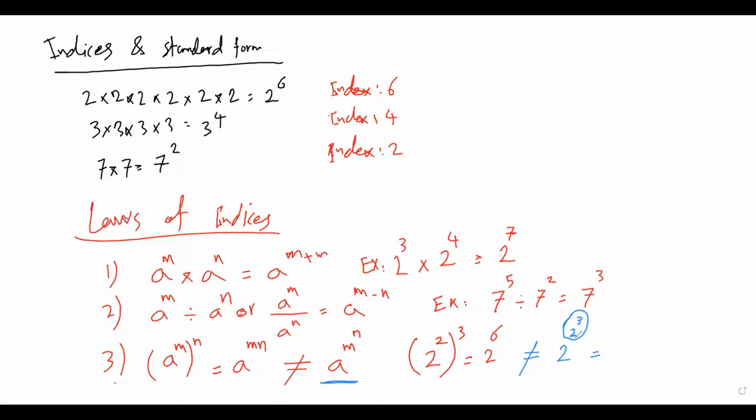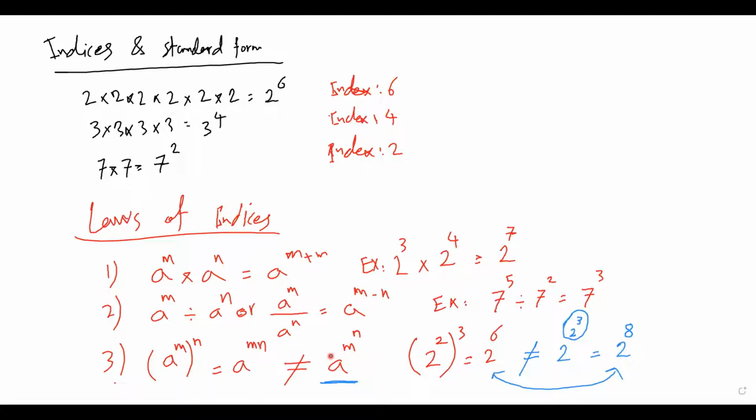When you multiply 2 three times by itself, you get 8, and the final answer is 2 raised to the power of 8. And you see these two are not the same. So take note, but don't worry, you won't come across something like this in IGCSE Math. I just thought it worth mentioning since we are at it, but you might see it in additional math.